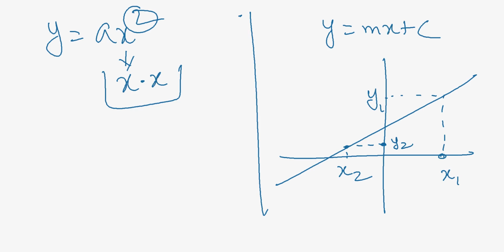For one particular value of the x or the y, you cannot have more than one value from the other coordinate. That kind of variation is called linear or a straight line.